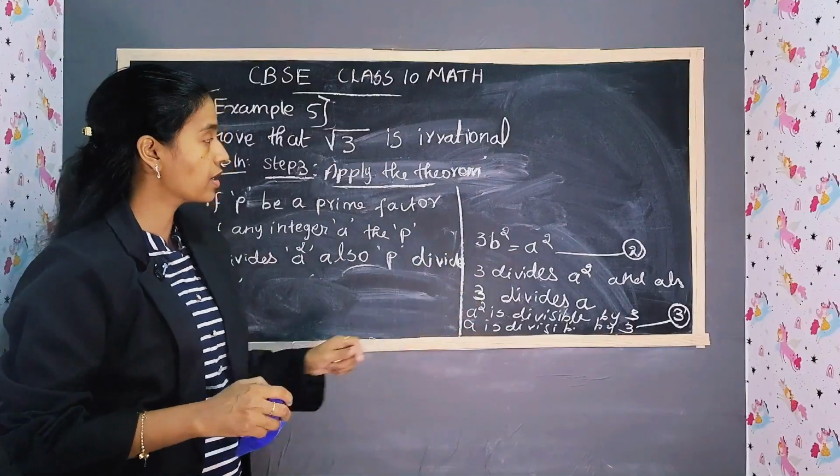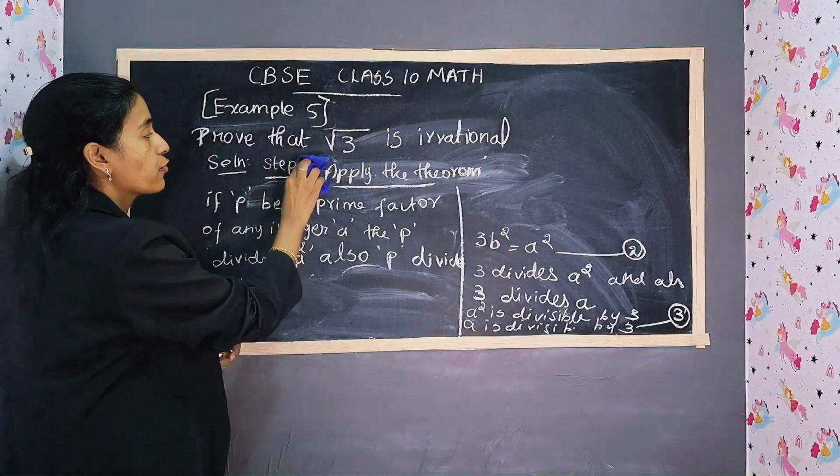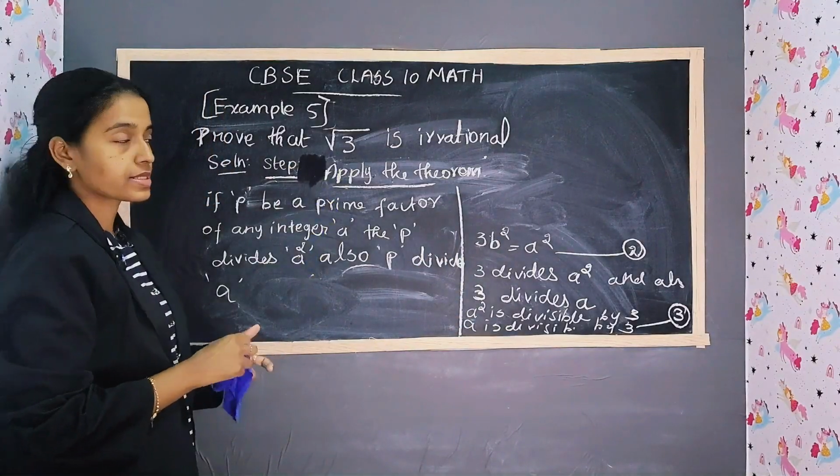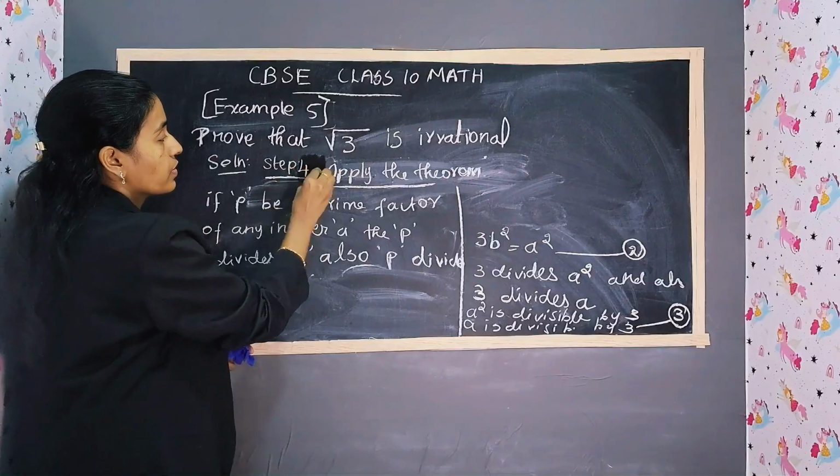From step number 3 we have gotten these statements, right? Don't forget this. And step number 4. What would be step number 4?